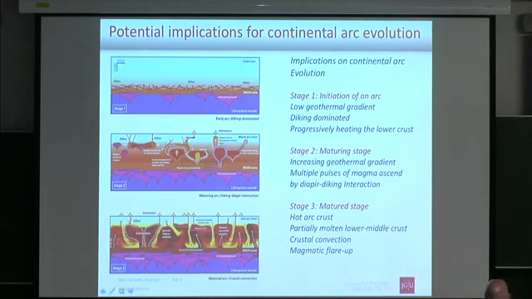And then once you have a more evolved system, your magma pulses will come up to shallower depths and might in some cases even reach the surface. And then if you have a very evolved system, you might even get this partial convection in the lower crust, which some people say might be the case in South America.